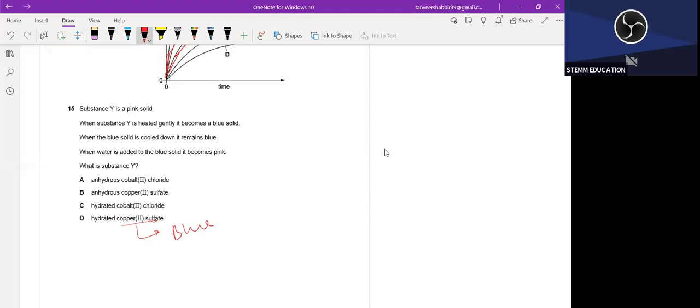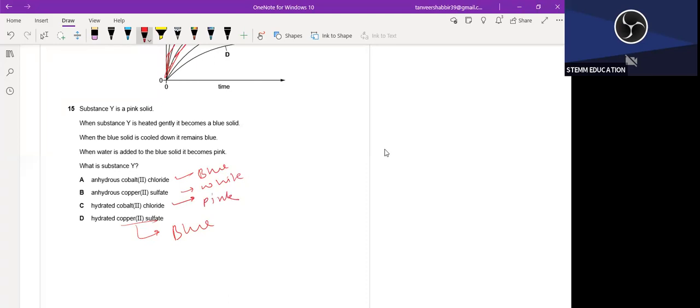And if you don't know, the color of this one, anhydrous cobalt(II) chloride, is blue in nature. And the color of this one, anhydrous copper(II) sulfate, is white in nature. Anhydrous means there is no water molecule. And hydrated cobalt(II) chloride is a pink solid.